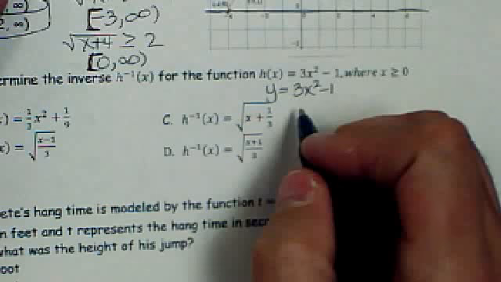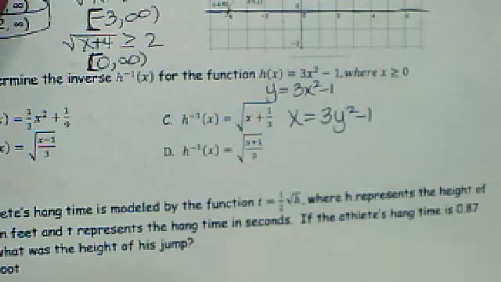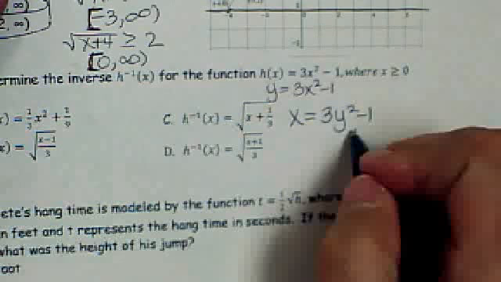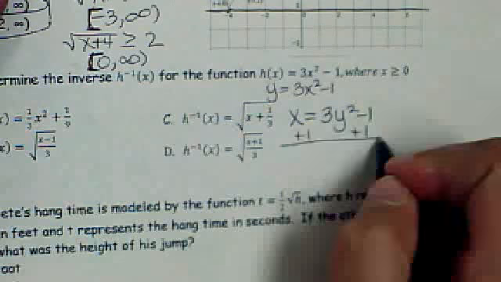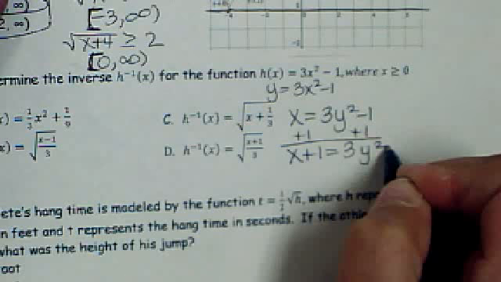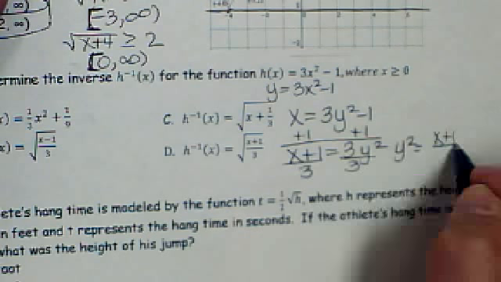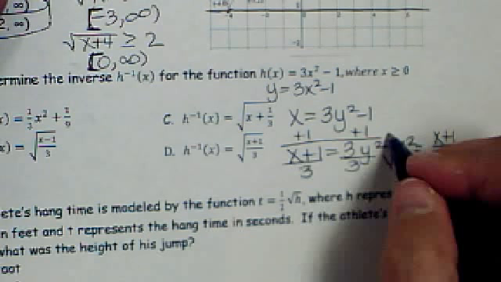So x equals 3y squared minus 1. And now I solve this for y. So I'm going to add 1 to both sides. So x plus 1 equals 3y squared. Then I divide by 3. So I have y squared equals x plus 1 over 3. Now to solve for y, I have to square root and square root.